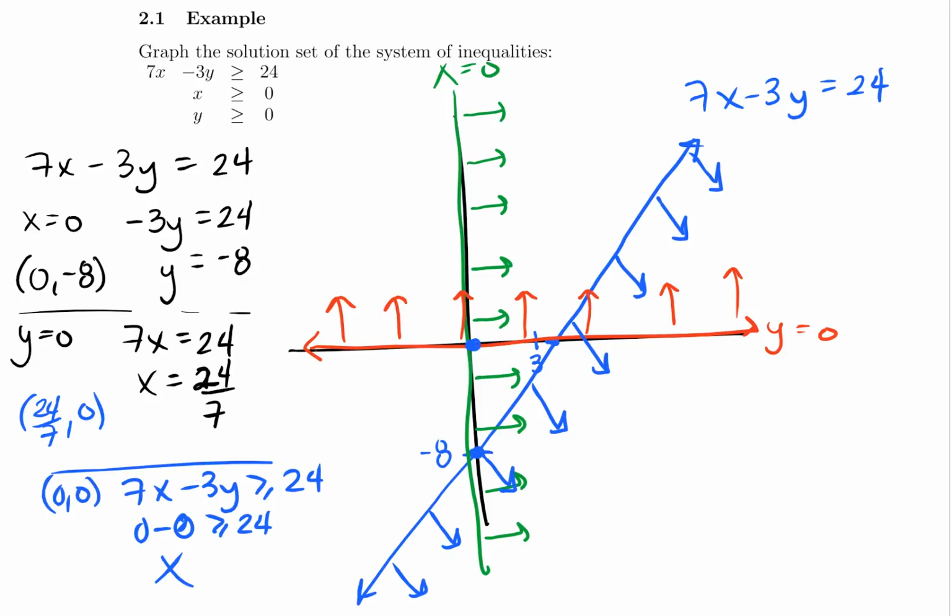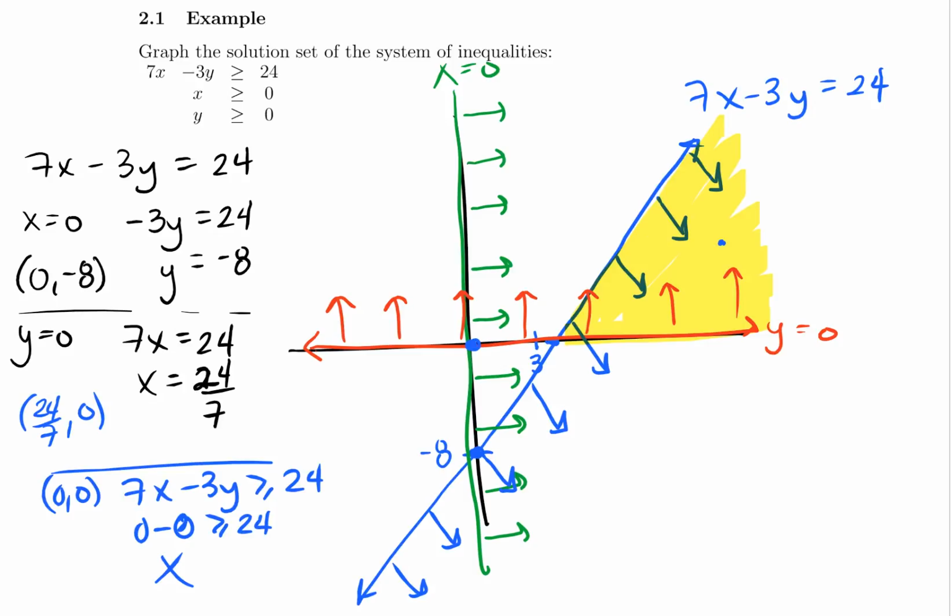The overlap, the region that satisfies all three inequalities, is going to be this triangular region over on the side right here. Come down to the x-axis, over to the side, and it keeps going to the right and it keeps going up. This satisfies y greater than or equal to 0, because any point in this region has a y value greater than or equal to 0.